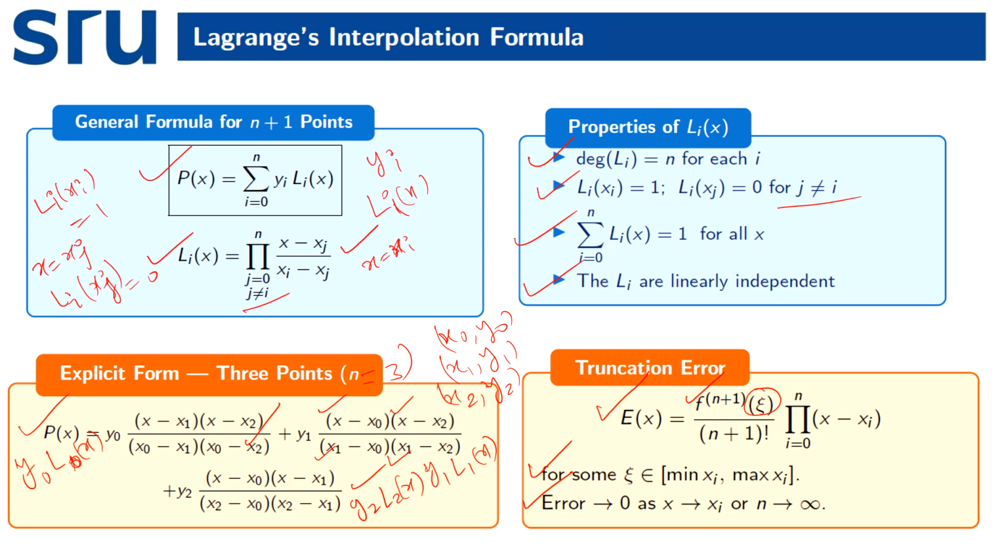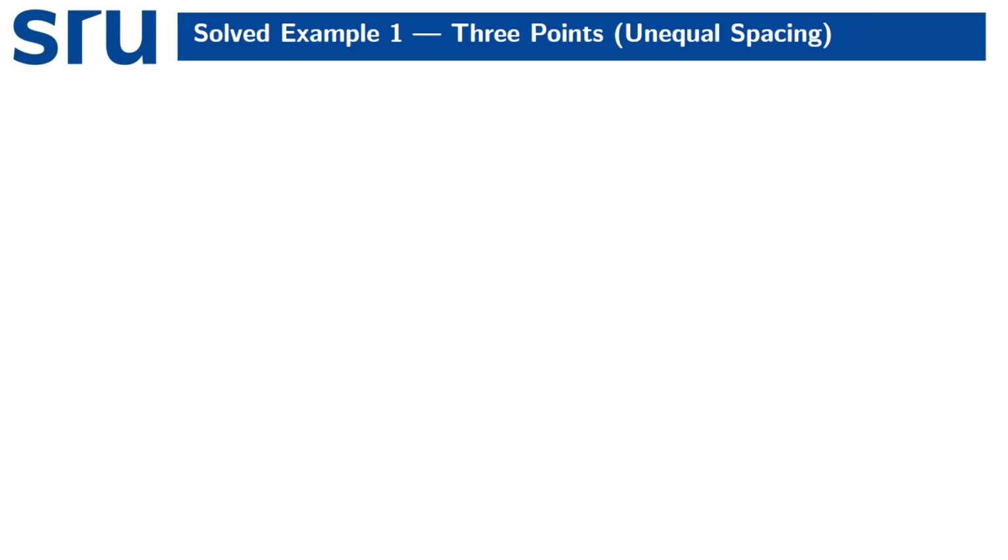So these are the main points about Lagrange's interpolation formula. Now let us move to the next slide. Now let us move to our first solved example, which is very important from an exam point of view.